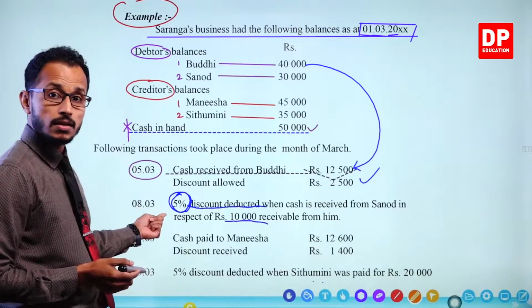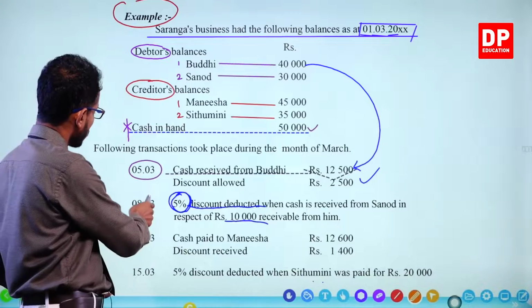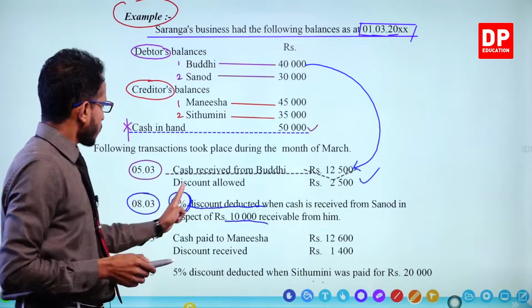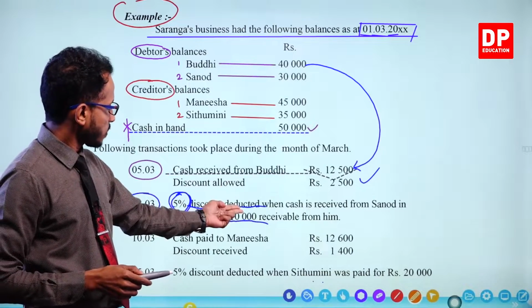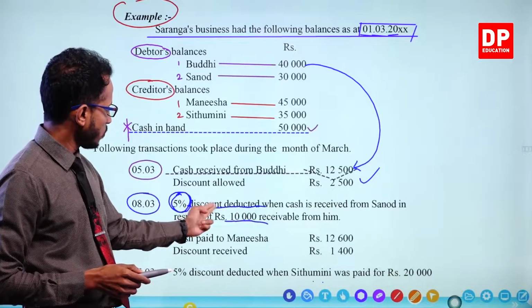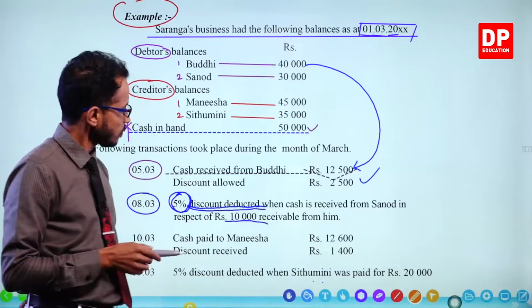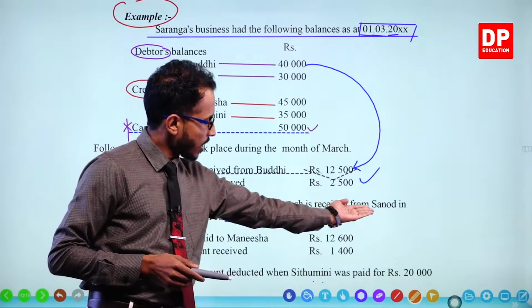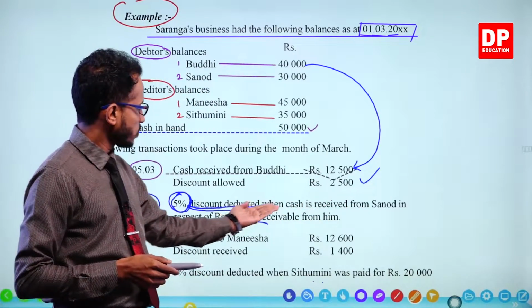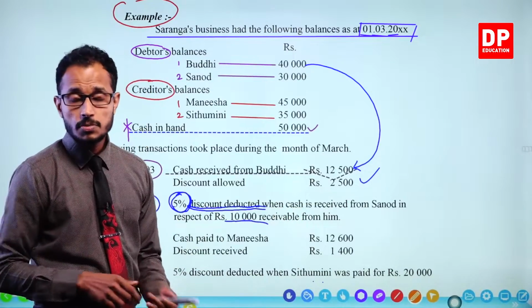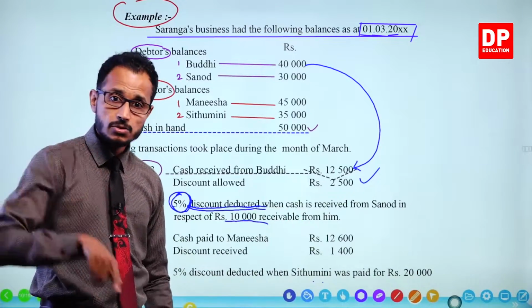8th March, this one. 5% discount deducted. I'm talking about this one. When cash is received from Sanod in respect of 10,000 receivable from him. He has promised to pay us 10,000 and he has paid the 10,000.